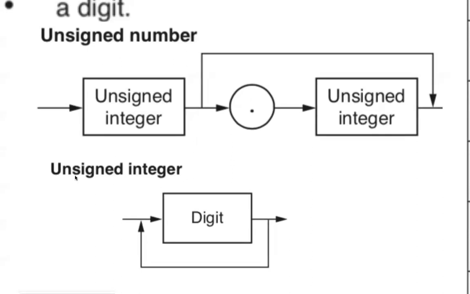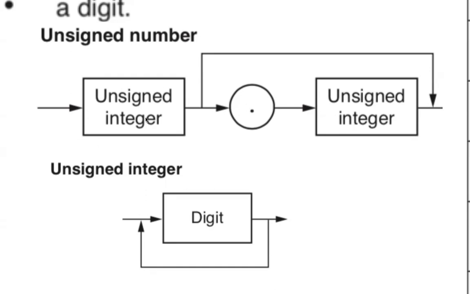Now, there's another rule because as you remember, unsigned integer is a non-terminal. So if it was a Backus-Naur form representation, that unsigned integer would have its own definition of what an unsigned integer is. But since we're working on syntax diagrams right now, a non-terminal means that it should have its own syntax diagram.